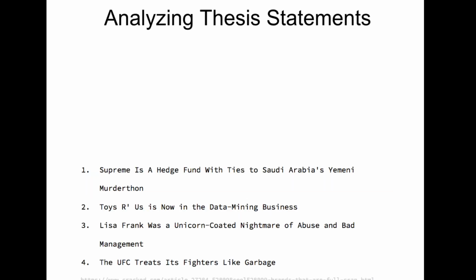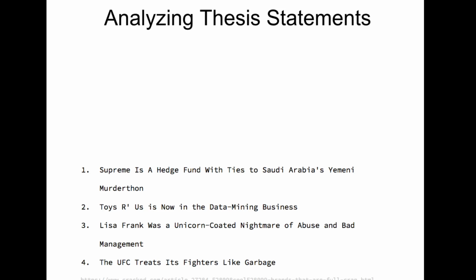So here we have an example of the basic structure of an essay. So we see here the essay is talking about different brands. So Supreme, the clothing brand, or lifestyle brand, I guess. Toys R Us, the children's toy shop. Lisa Frank, the kind of pencil case notebook kind of children's company.